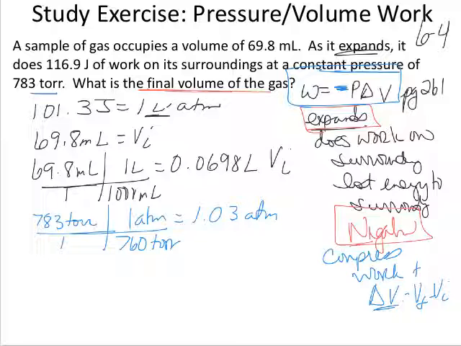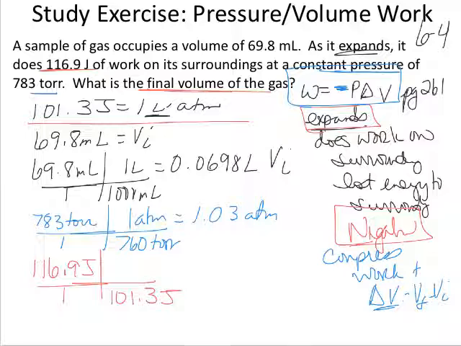And then we can also go ahead and convert the 116.9 joules of work into liters atmosphere. So we have 101.3 joules per 1 liter atmosphere, and this ends up being 1.15 liters times atmosphere.